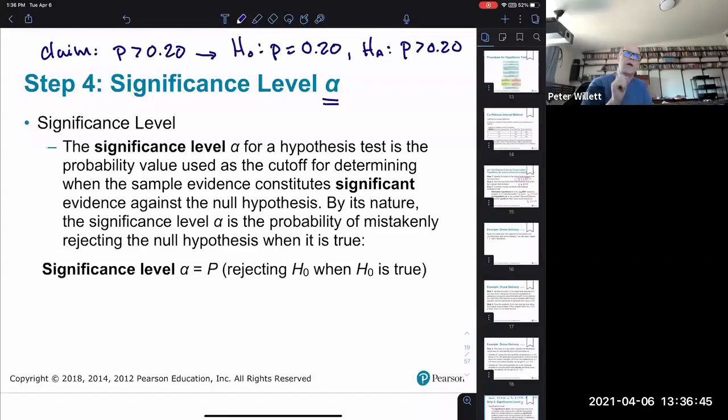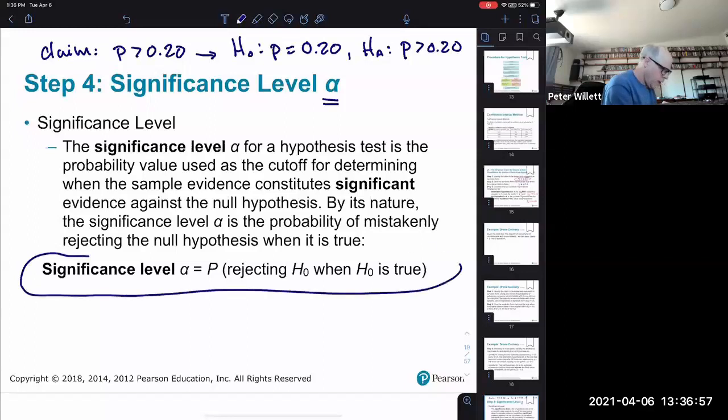By its nature, the significance level alpha is the probability of mistakenly rejecting the null hypothesis when it's true. So the way they try to sum this up, alpha is the probability that you don't believe the null hypothesis when it really is true.